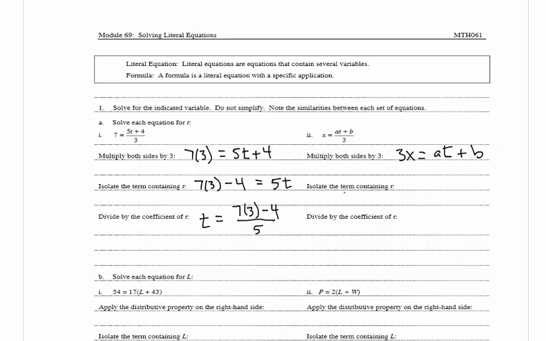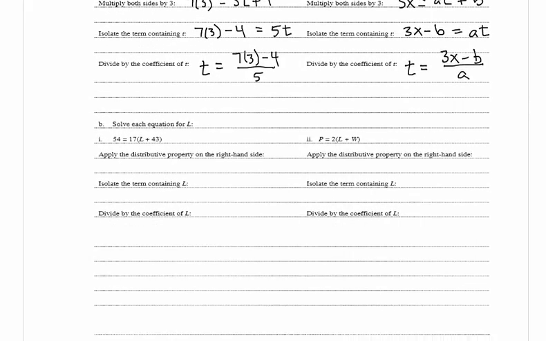And now we want to isolate the term containing t, so we're going to subtract b from both sides. So we're going to have 3x minus b is equal to a times t. And now we're going to divide by the coefficient of t, and the coefficient of t is going to be a. So we're going to have t is equal to 3x minus b divided by a.